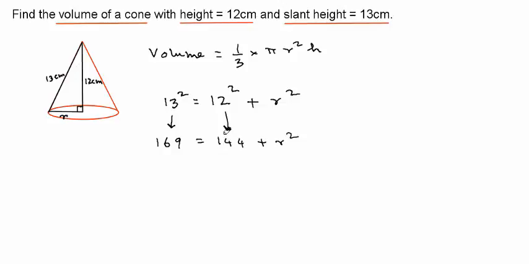If you take the 144 to the other side, meaning subtract 144 from both sides of the equation, you have 25 equal to r squared, which means we got the radius, that's 5 centimeters.